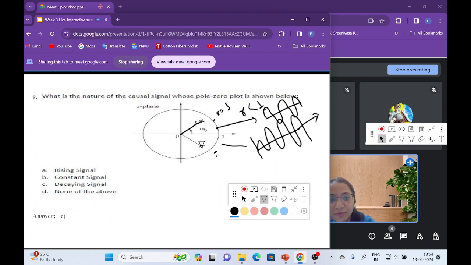And if poles are inside the unit circle, then it is decaying in nature, like this. Already you have shown in the previous slides also. So if the pole zero plot is given like this and poles are inside the unit circle, then the nature of the signal will be a decaying signal. So the correct option is C.